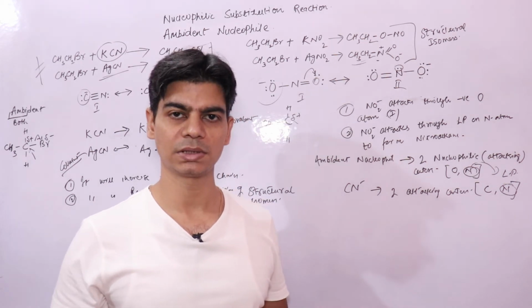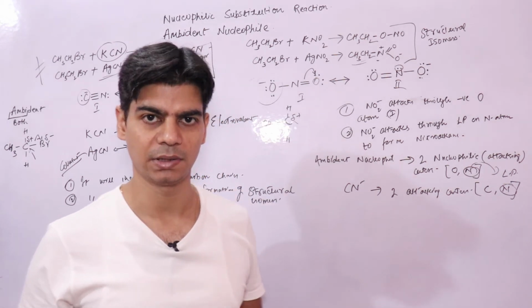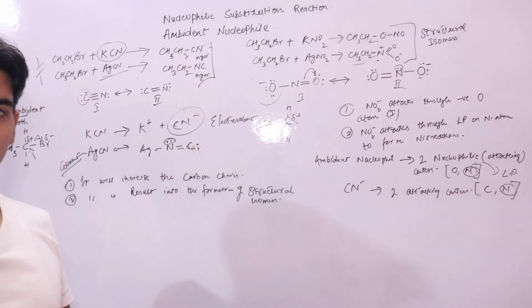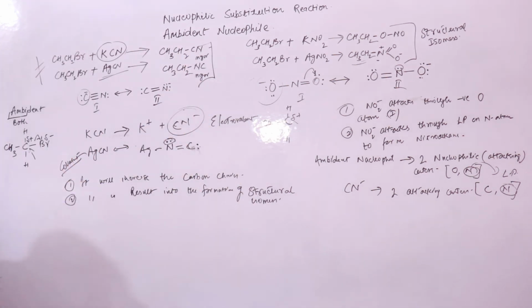Complete hydrolysis will form a carboxylic acid, and if you reduce this compound, it will form an amine. So I'll just write down some of the important reactions of cyanides.